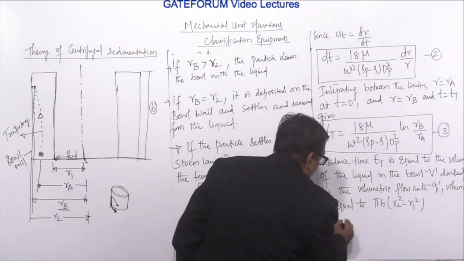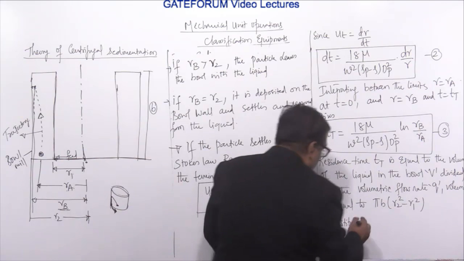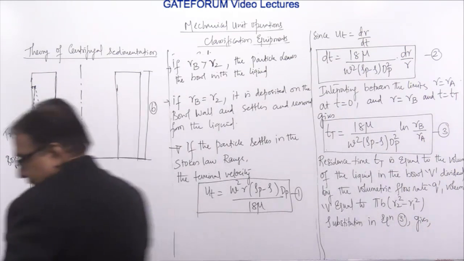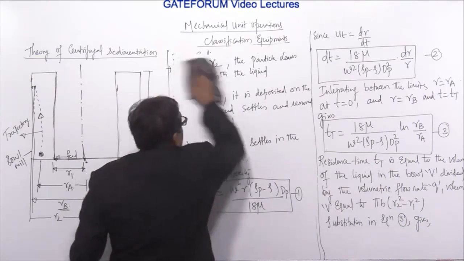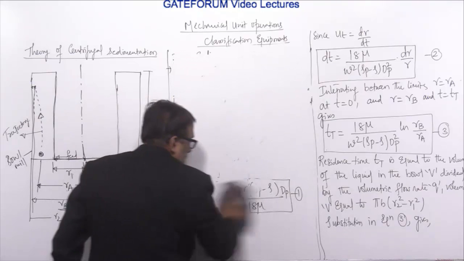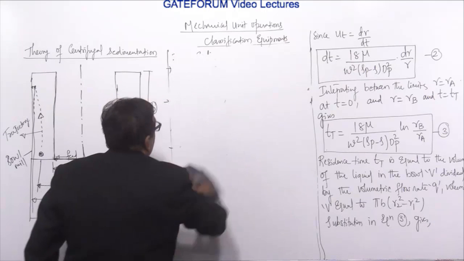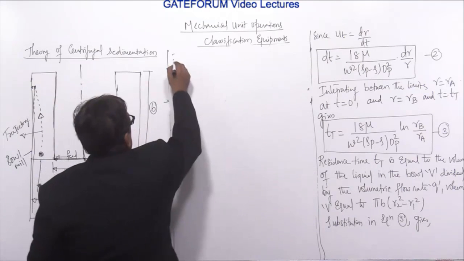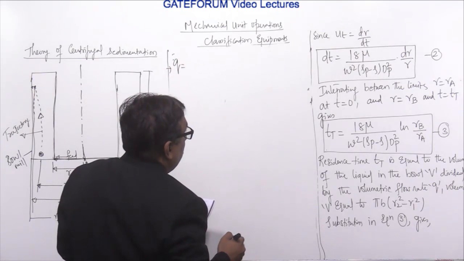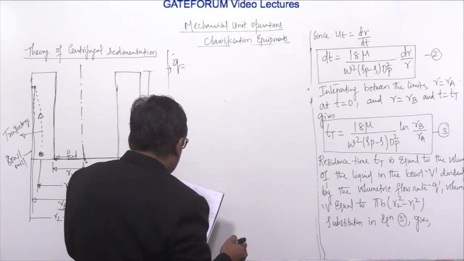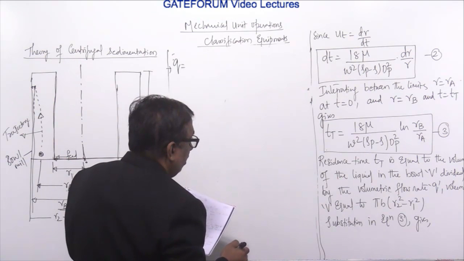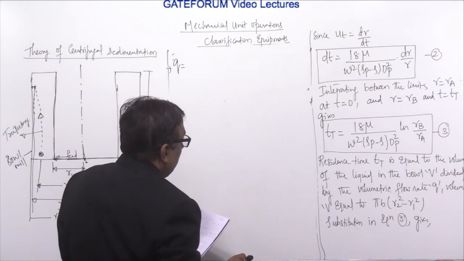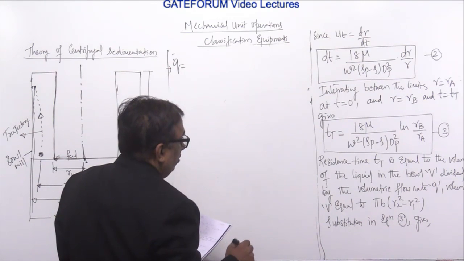So substitution in equation 3 gives Q. Residence time Tt is the volume of the liquid in the bowl V divided by the volumetric flow rate Q. So Tt can be written as V by Q, meter cube per meter cube second, correct.